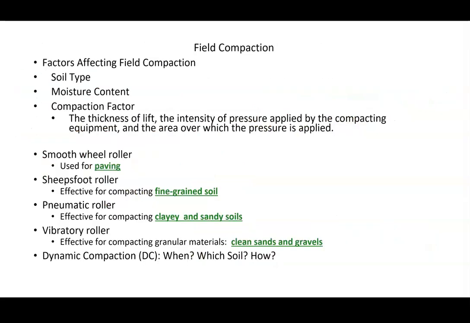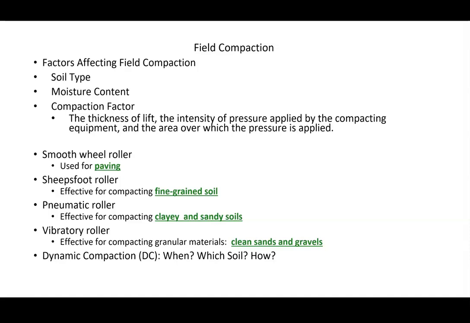We also talked about field compaction: soil type, moisture content, and compaction factors, such as thickness of lift, intensity of pressure applied by compacting equipment, and the area over which the pressure is applied are important factors.